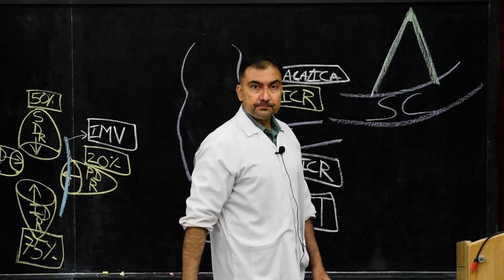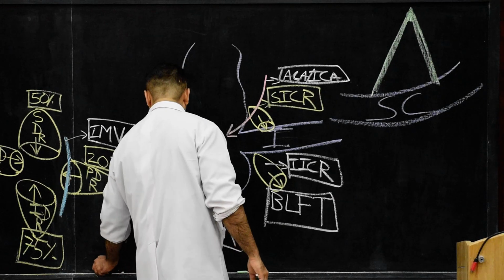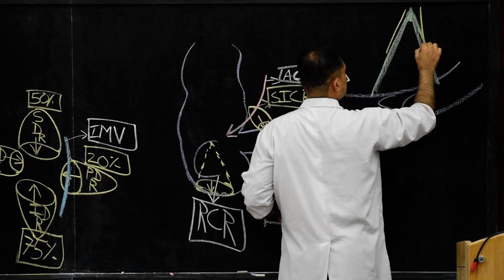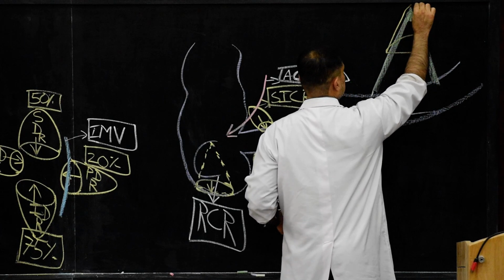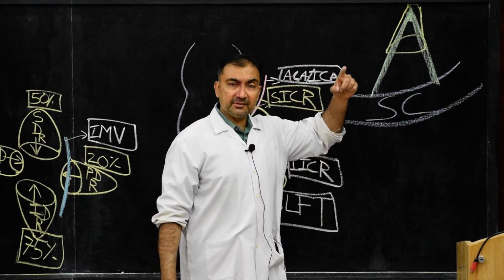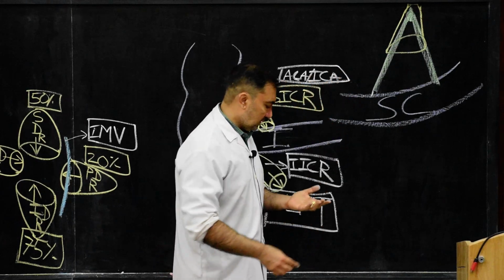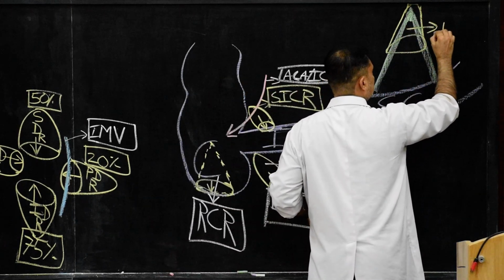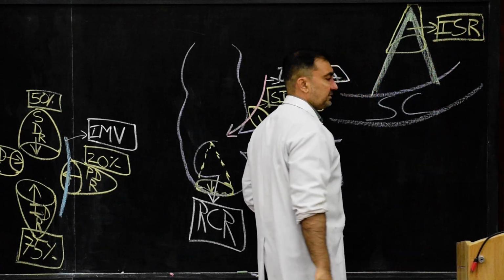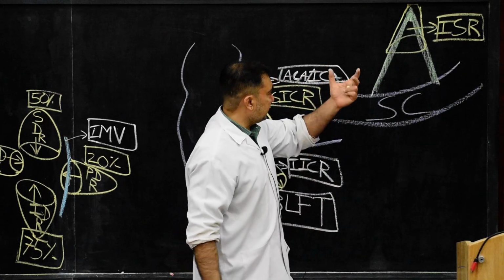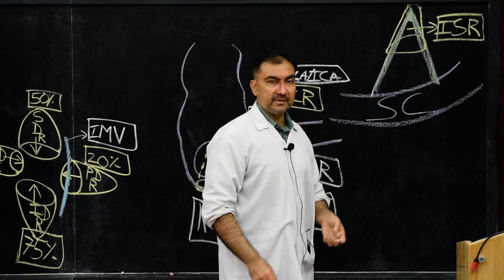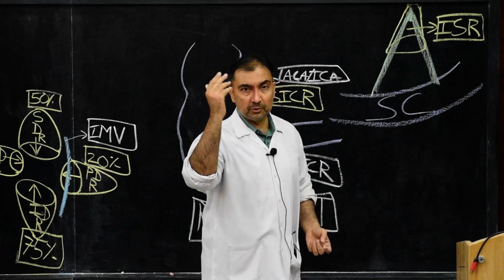Behind the apex of the sigmoid mesocolon is the intersigmoid recess. Please note this down. It is behind the apex of the sigmoid mesocolon, with its orifice looking downwards. So this is the last recess.